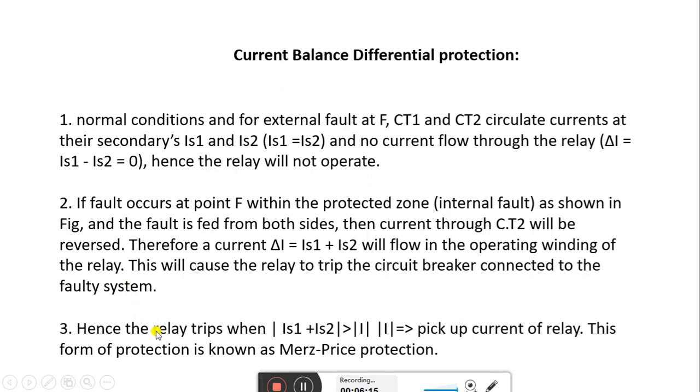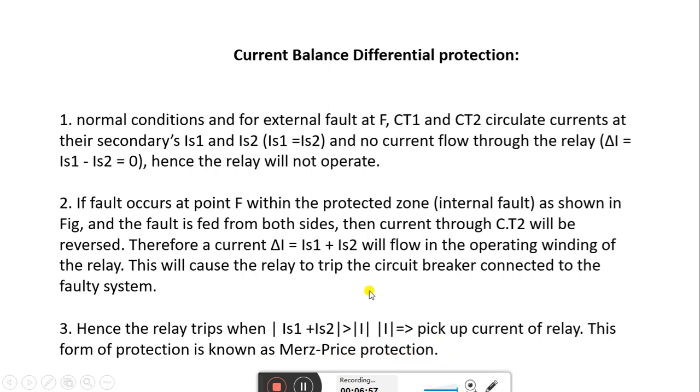So the relay trips when the magnitude of the current, IS1 plus IS2, is greater than some magnitude of current. This magnitude is the pickup current of the relay, which can be set to any value. If the net current is greater than or equal to the current set for the relay, then the relay will operate, and this form of protection is also known as Merz-Price protection.